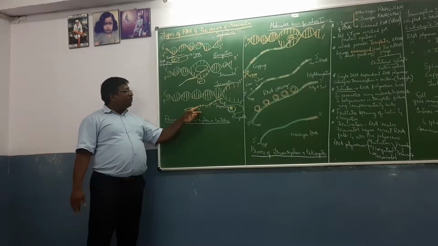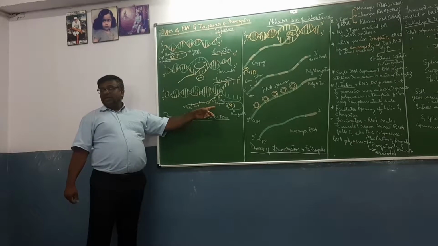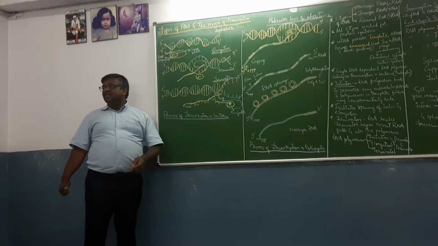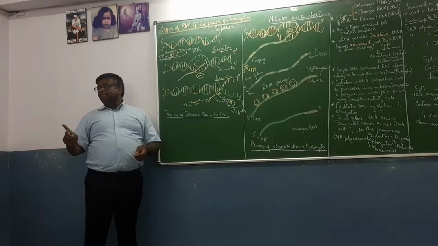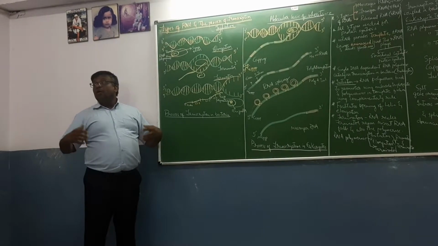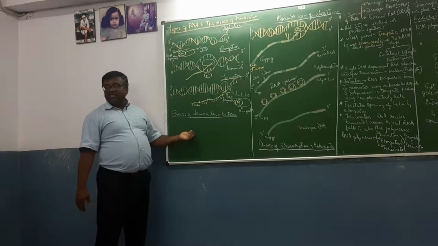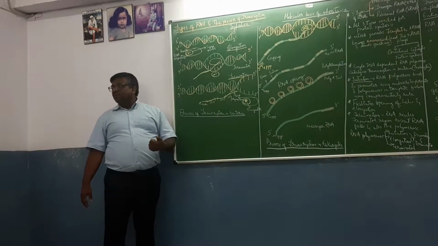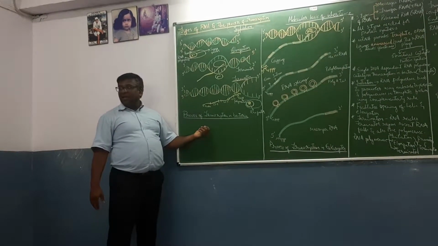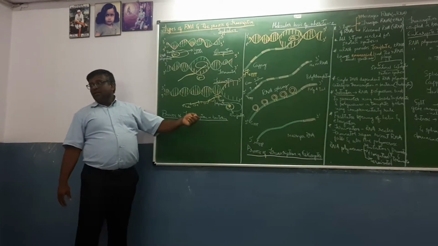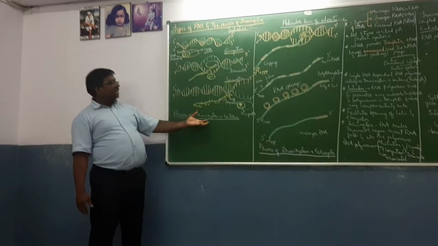They have more than one coding sequence, so after translation the mRNA synthesizes more than one protein. That is the reason we call it polycistronic. So the prokaryotic gene is polycistronic because from a single mRNA they synthesize more than one protein. So you understand this.